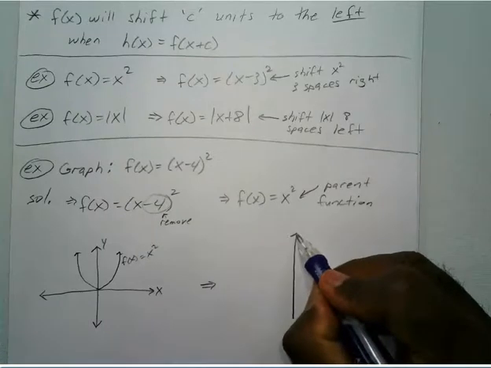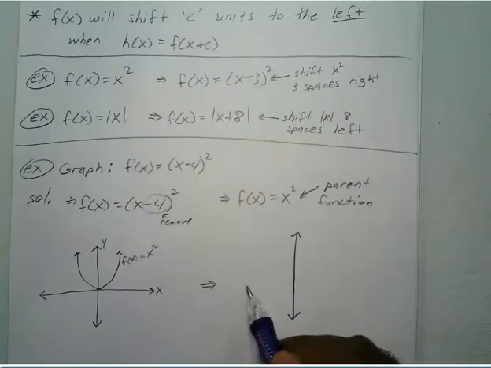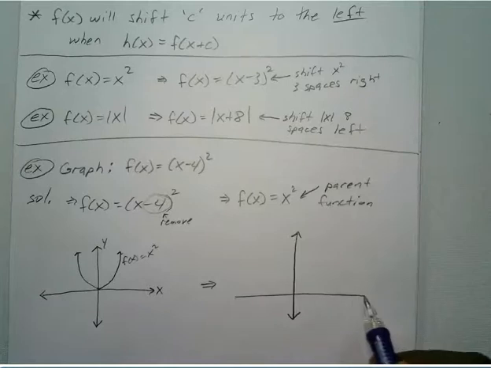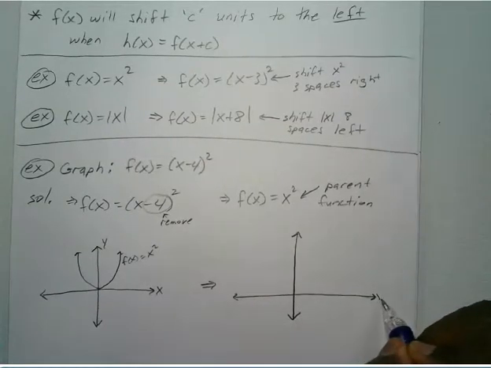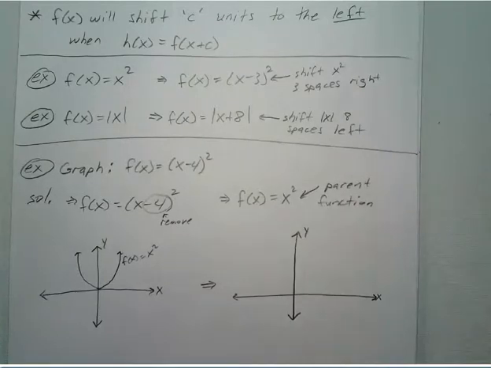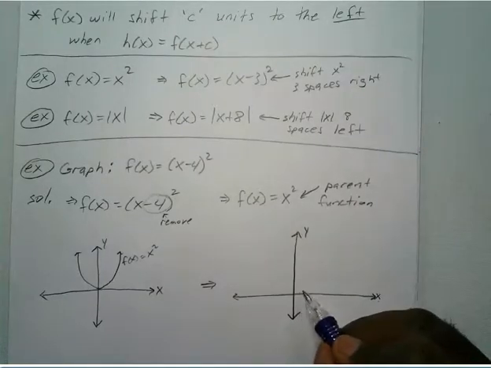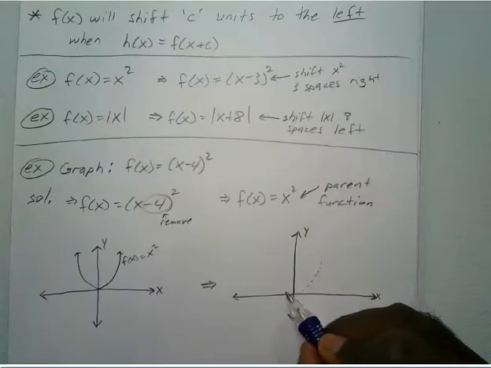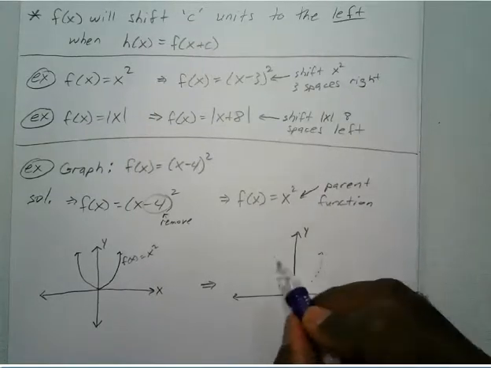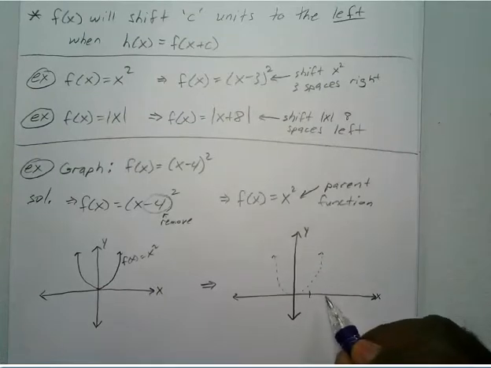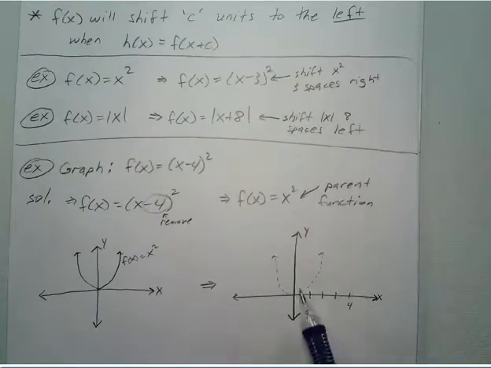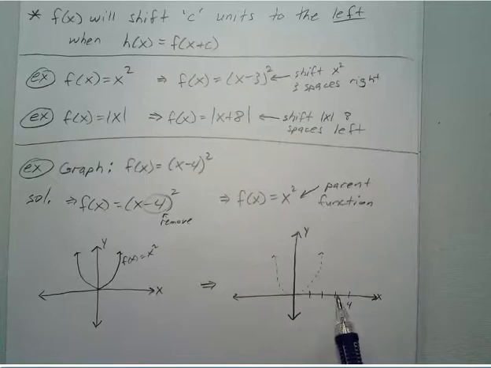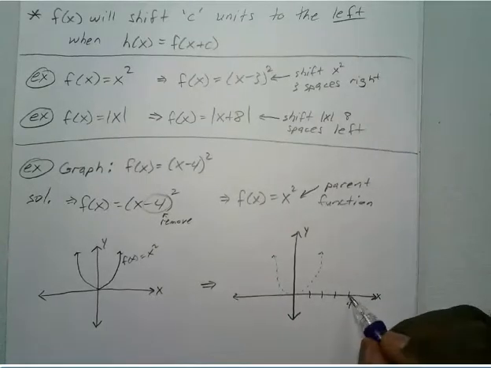Alrighty, so if we draw our xy axis, that's our x, and that's our y. Again, if you want to, you can draw your parent function right there. So this one, we're going to shift this 1, 2, 3, 4 units to the right.